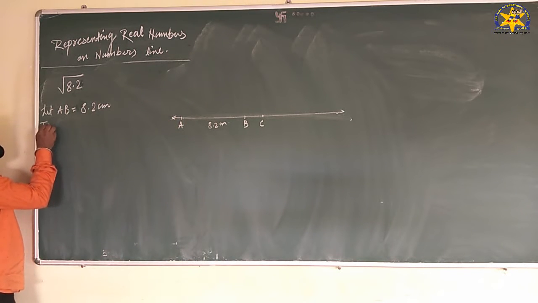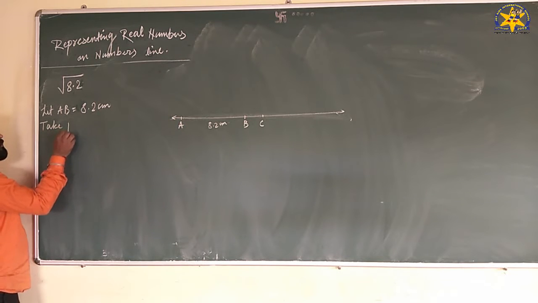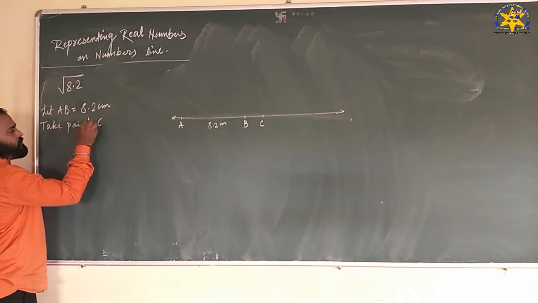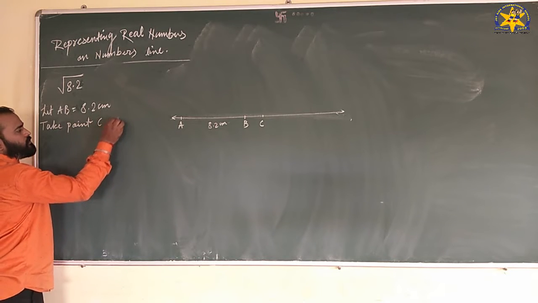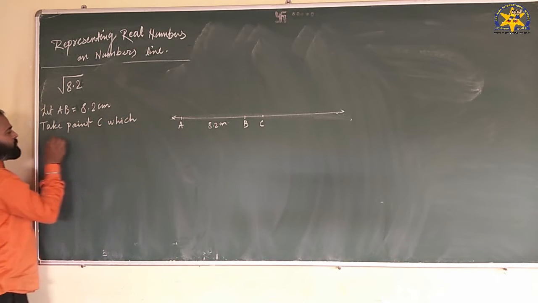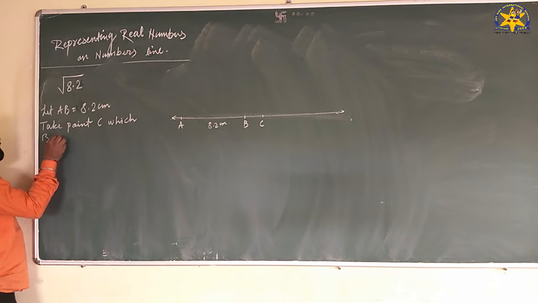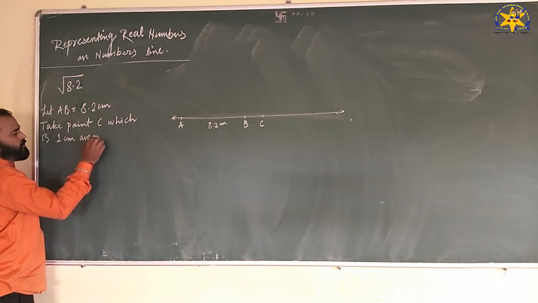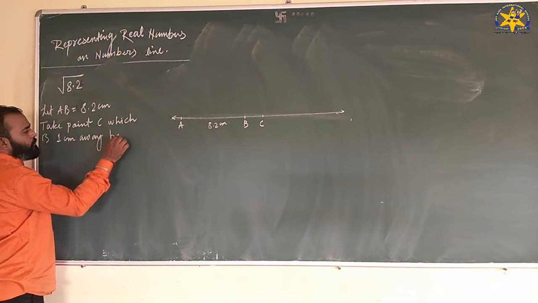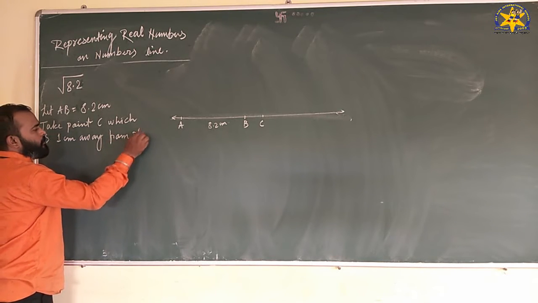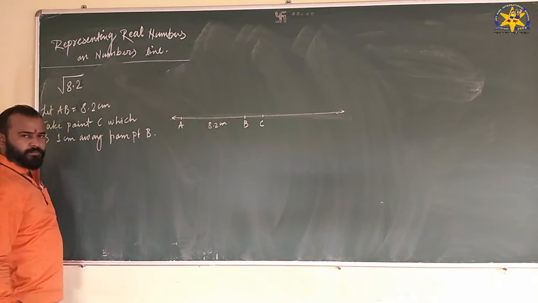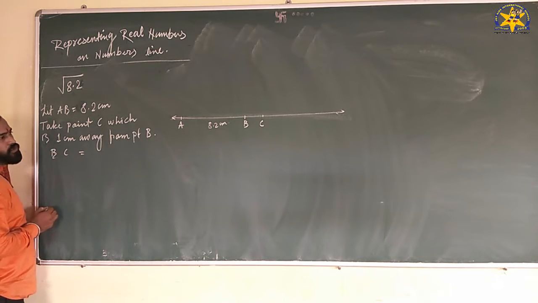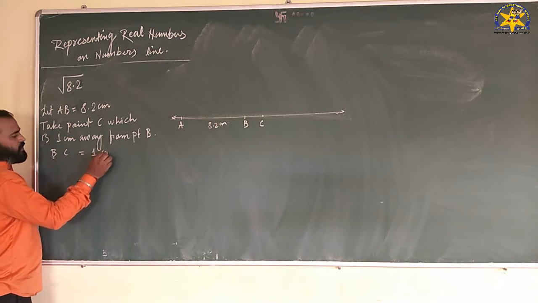Take point C, which is 1 centimeter away from point B. Therefore, distance BC will be equal to 1 centimeter.